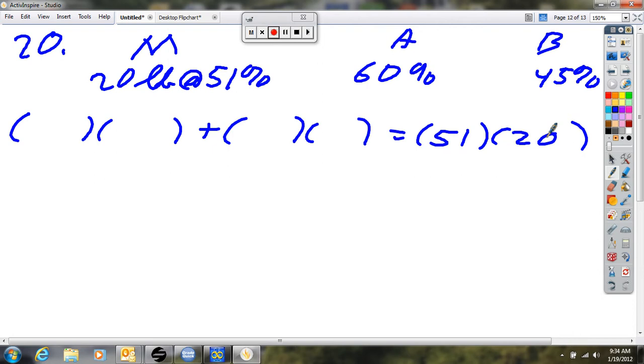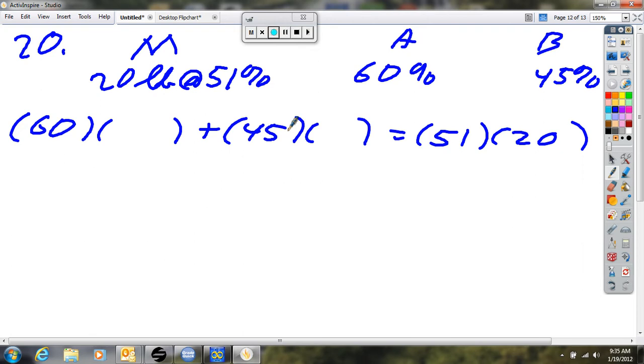Okay, what else do I know? That 60% and 45%, right? And they go where? They go over here, right? So one of them is 60 and one is 45. Now, what else does the problem tell me? We have to find for brand X. Doesn't tell me anything else, right? No, we don't need brand X. We know brand X, it's 20. Oh, so we didn't put that. Right?